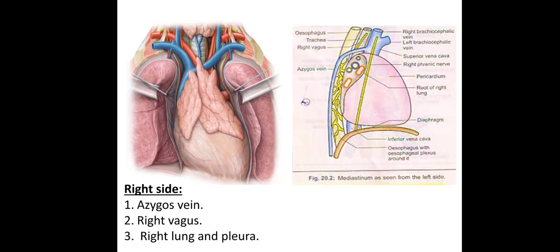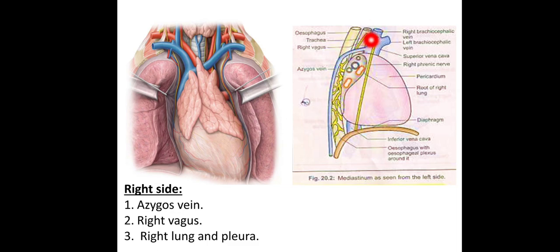Now on the right side you can see the relation of the trachea. To the right side you can see first of all the azygous vein. Azygous vein lies on the right side of the trachea. So this is the trachea and this is the esophagus. Just right side of the trachea there is the azygous vein first of all, and right vagus.